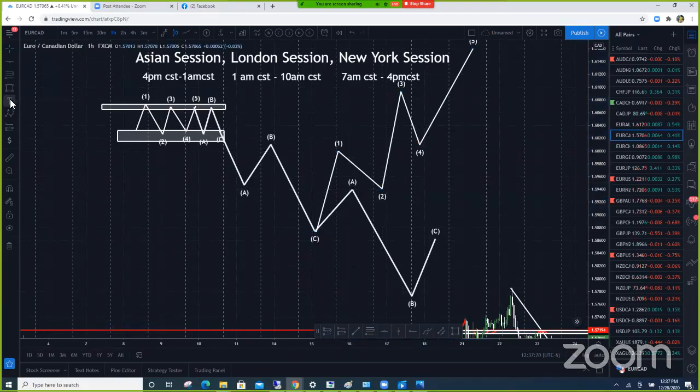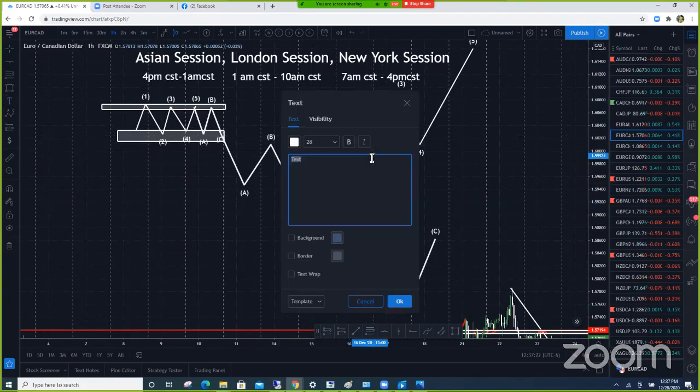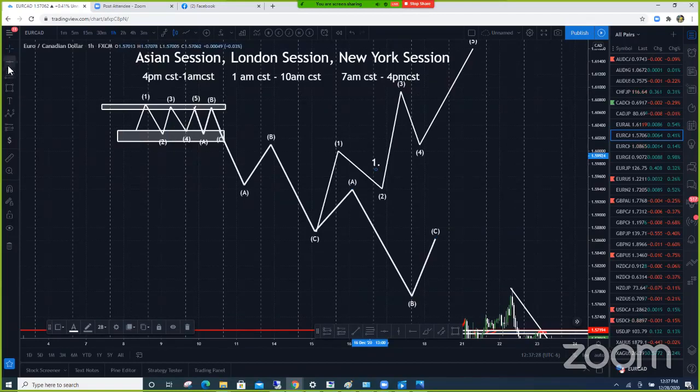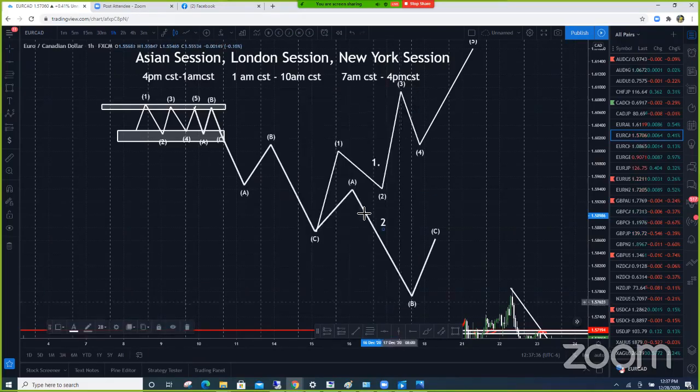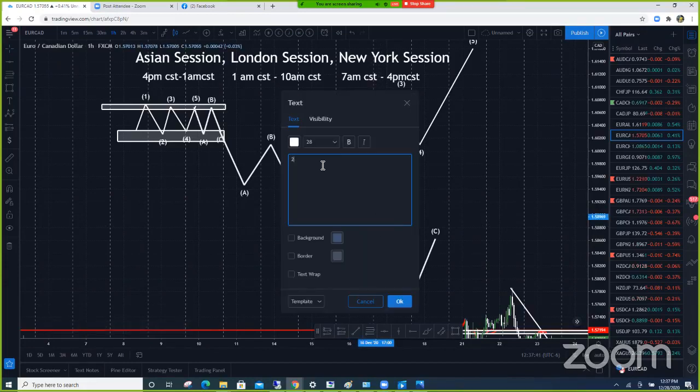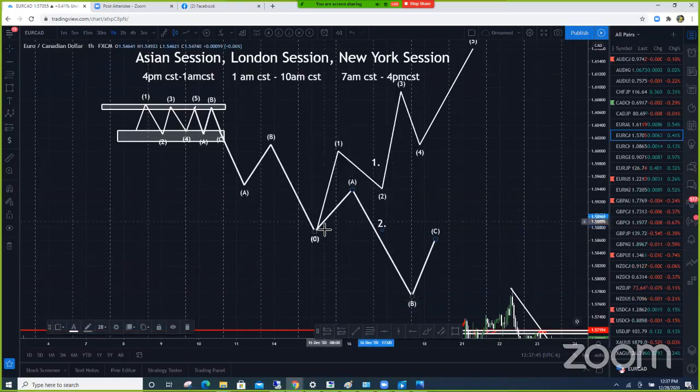A lot of times it likes to reverse, especially on Wednesdays. And then option 2 usually happens a lot on Mondays and Tuesdays, where it continues. I'll show you a couple of examples of this, and then that'll be the end of this lesson. So it's either going to reverse or continue what London has done.